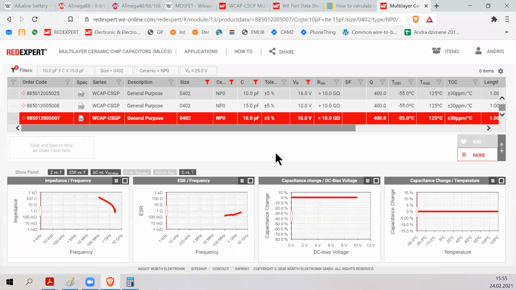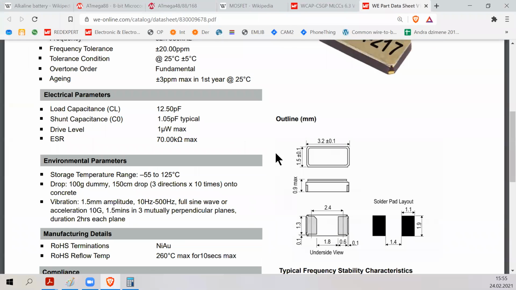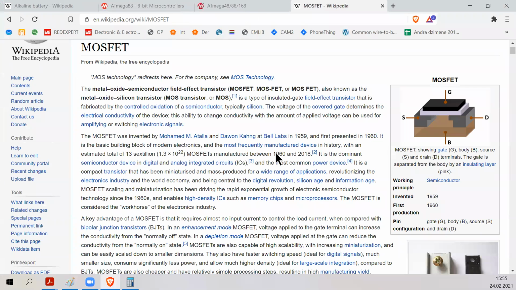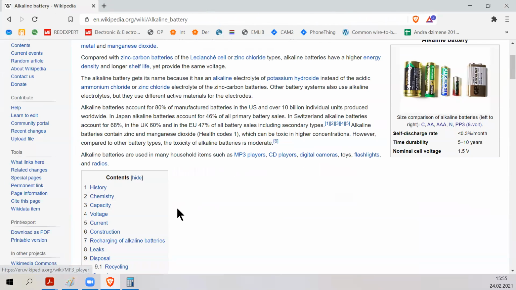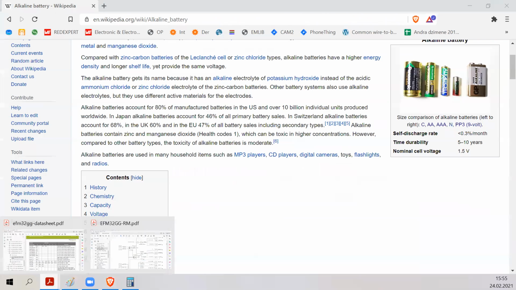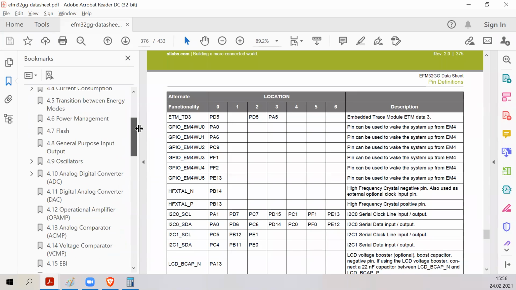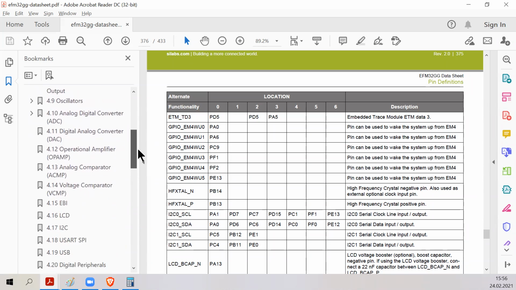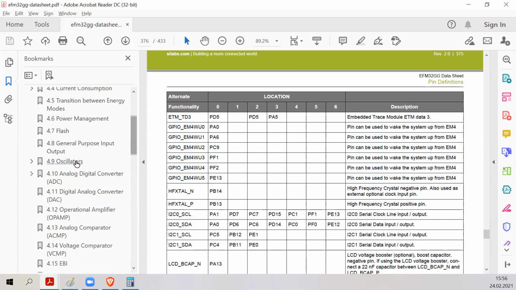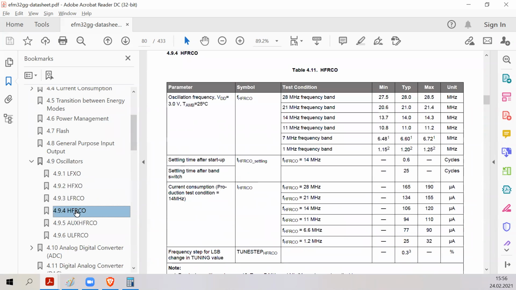You'll start doing it and you'll see how it can be used. Okay, now I think that's all about the frequency sources and about the precision of the internal oscillator. It's also in the datasheet. High frequency RC oscillator. And here again, it's not very precise. If you're running at 14 megahertz, it's from 13.7 to 14.3.